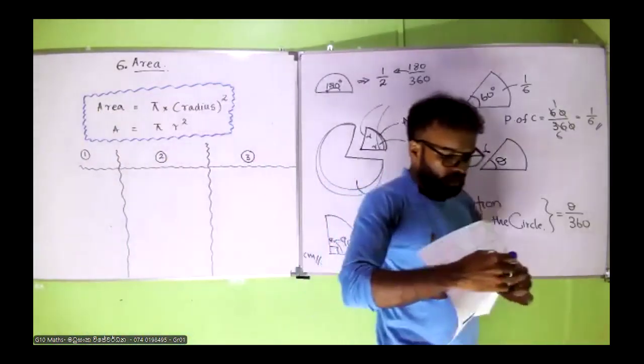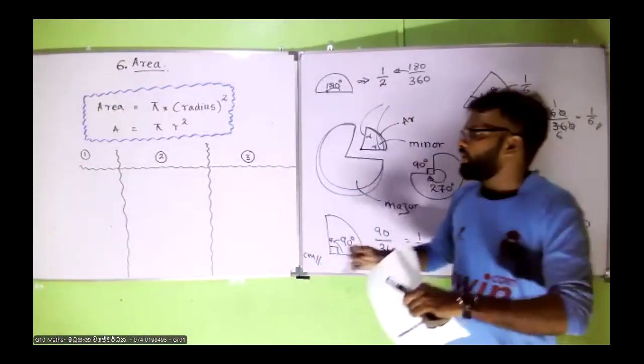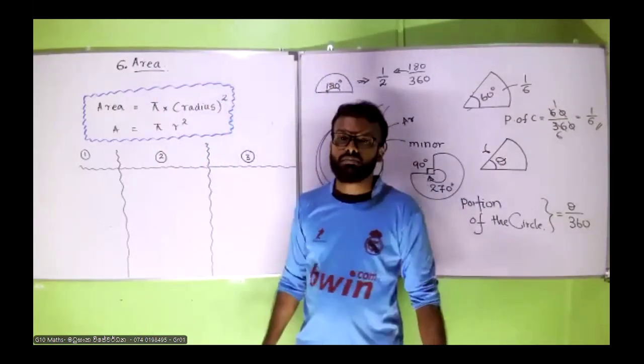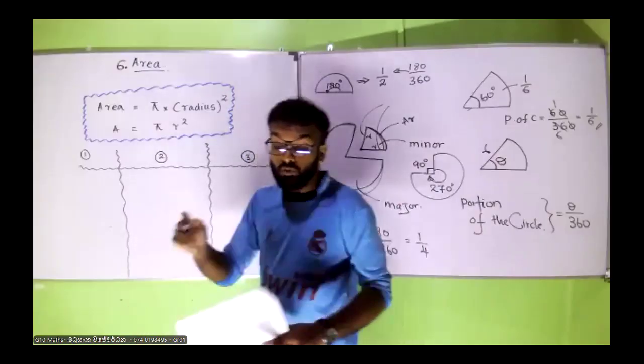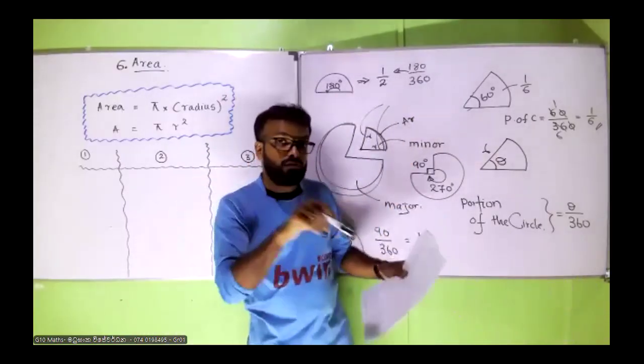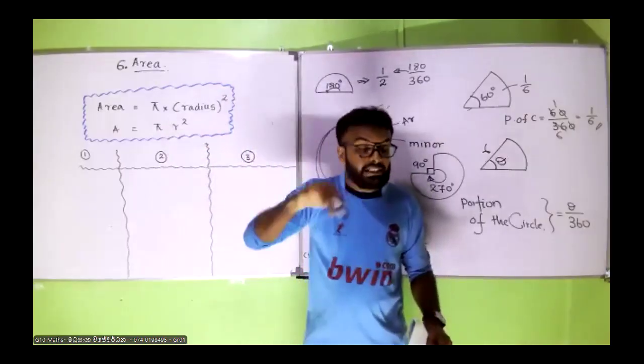You know already how to fill that, and in the perimeter lesson also, we did the same thing. So first of all, in the figure, we have a full circle and that is shaded.